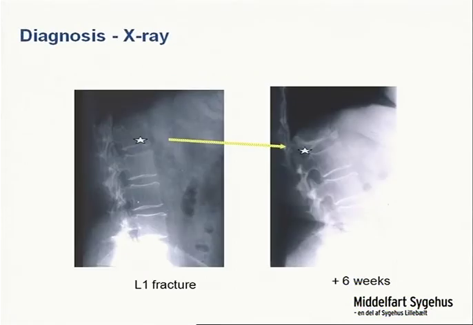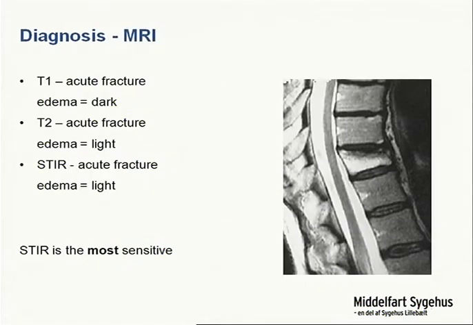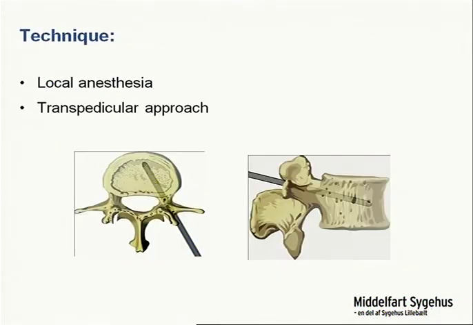but you could just do the procedure in general anesthesia. As for diagnosis, ordinary plain X-rays, and MRI is the examination that I choose, and the STIR sequence is the easiest to use because you can see the edema on the scan. The technique is local anesthesia.